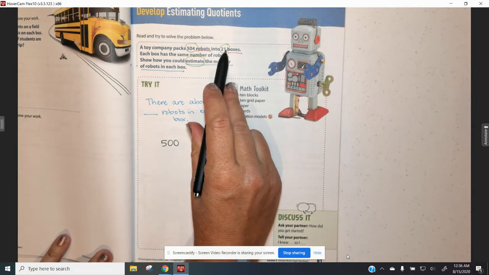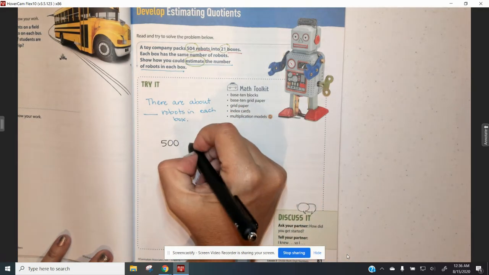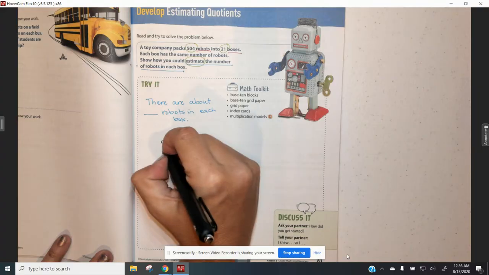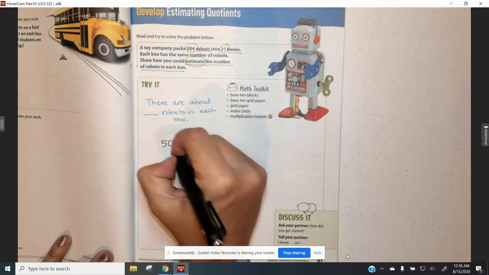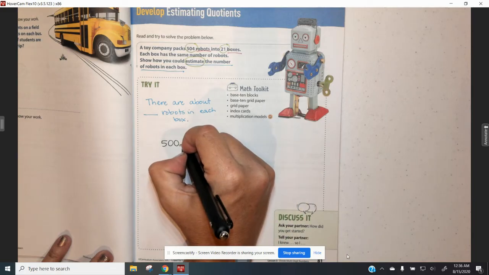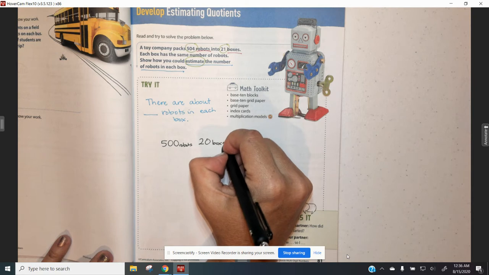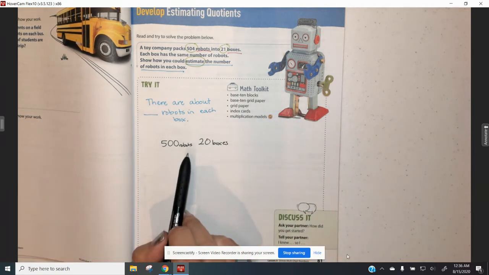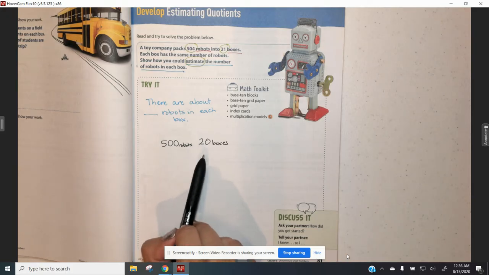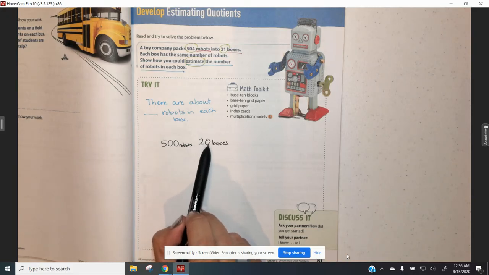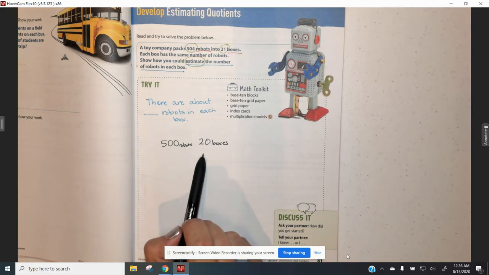Okay? And then I know that 20 is close to 21. So I'm going to say that there are about 500 robots and there are about 20 boxes. And so then I want to go, okay, well, how many robots can go into each box?